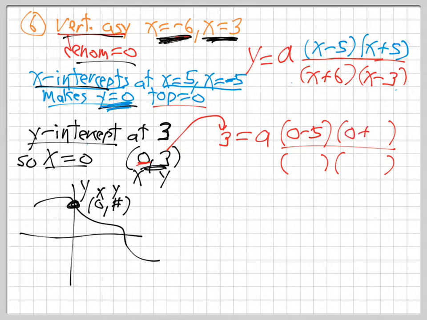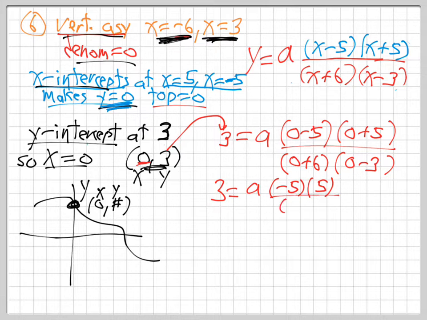0 minus 5, 0 plus 5, 0 plus 6, 0 minus 3. So it's a times, what is that, negative 5 times positive 5, over 6 times minus 3. And this is negative 25 over negative 18, right, when they multiply.